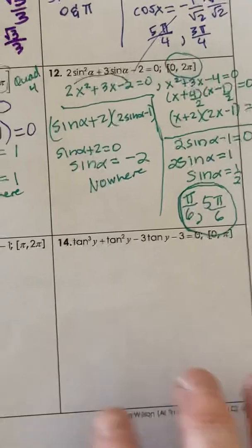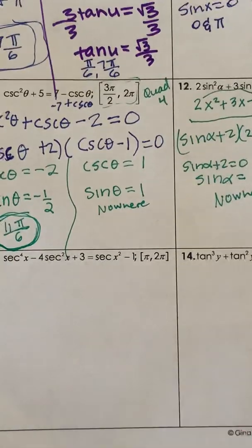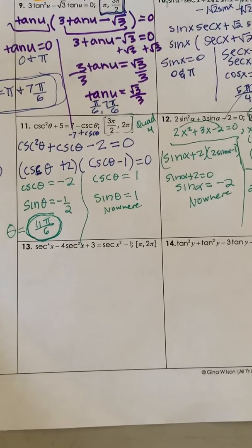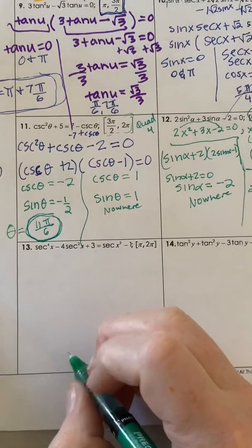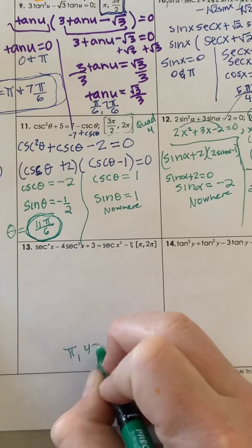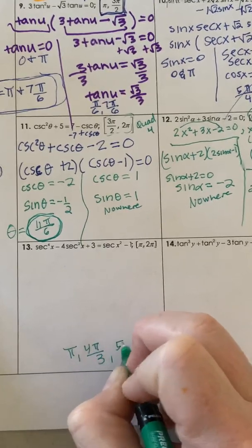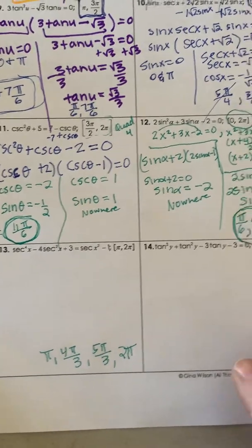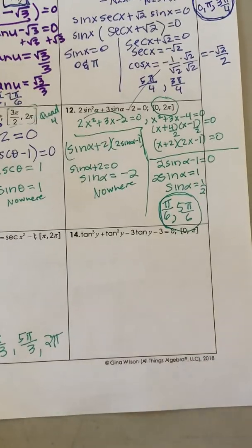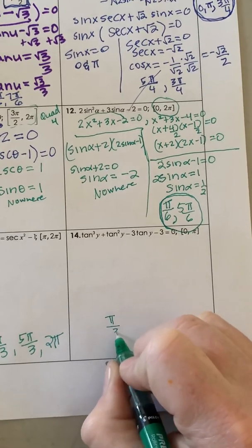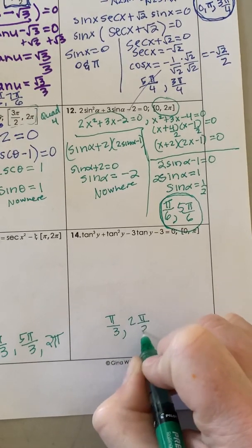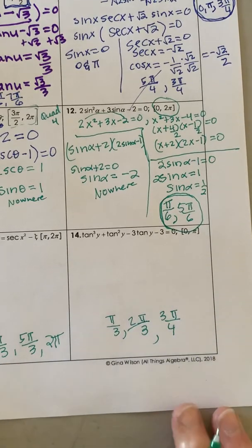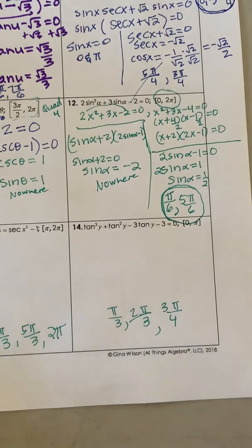How about I'll just leave 13 and 14 as tries. You should be getting pi, 4 pi over 3, 5 pi over 3, 2 pi for 13. And for 14, you should be getting pi, 2 pi over 3 and 3 pi over 4, just on that interval.